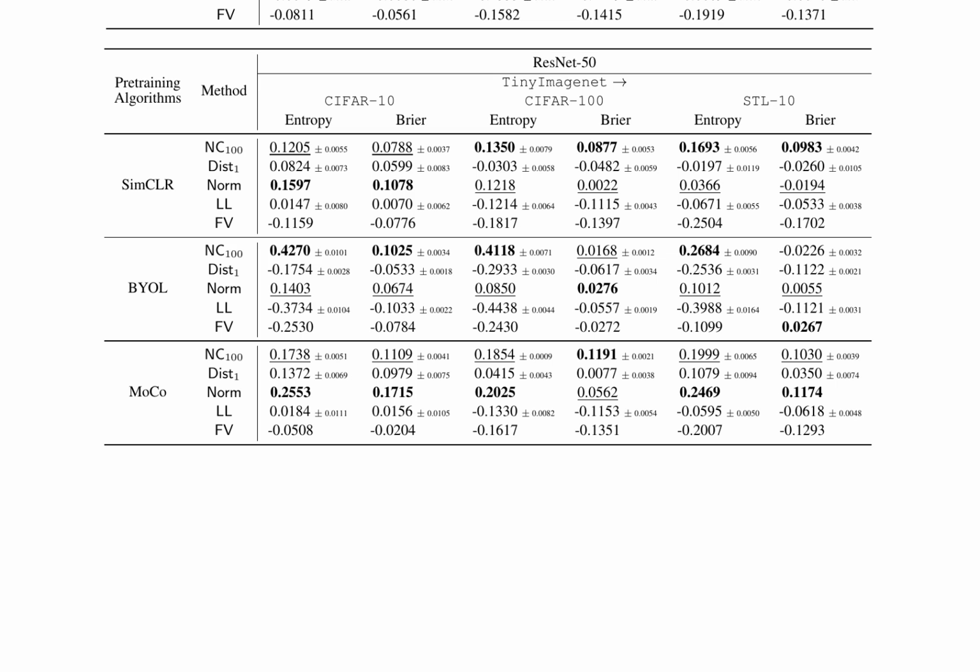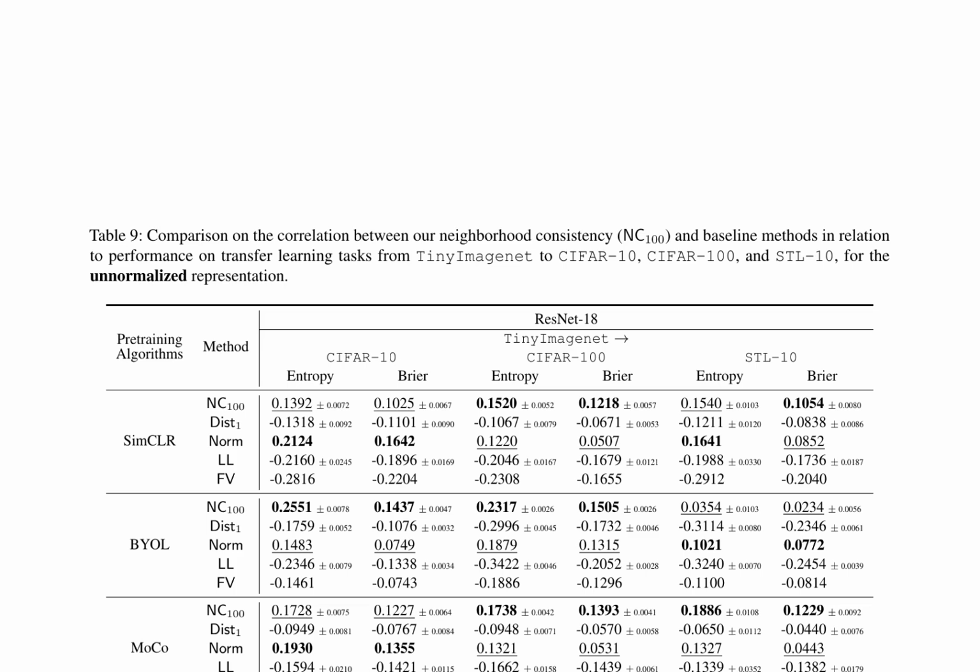This study highlights the potential benefits of utilizing algorithms like SimCLR that prioritize neighborhood consistency, offering insights into the role of neighborhood consistency in transfer learning tasks. This table presents a comparative analysis of the neighborhood consistency, NC100, between our proposed method and baseline algorithms, including SimCLR, BYOL, and MoCo, on transfer learning tasks from TinyImageNet to CIFAR10, CIFAR100, and STL10.